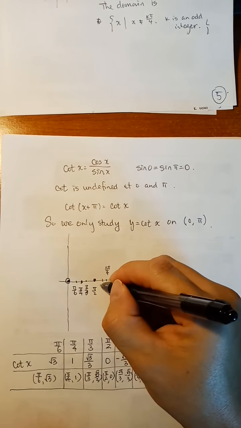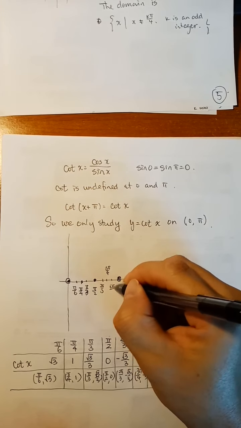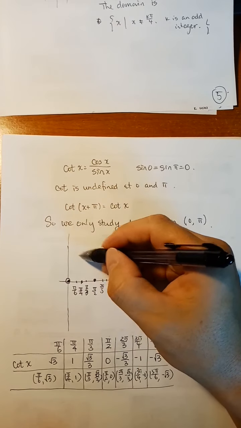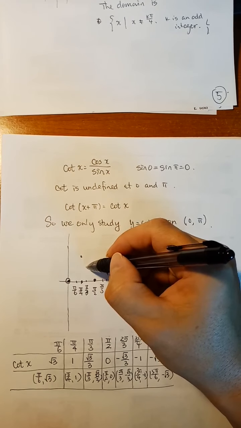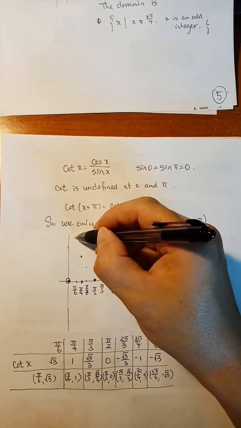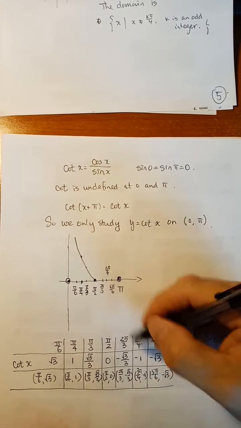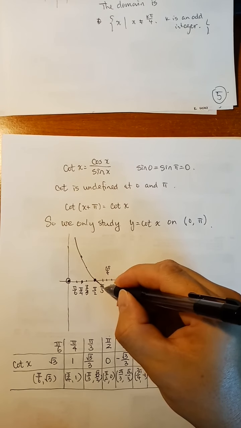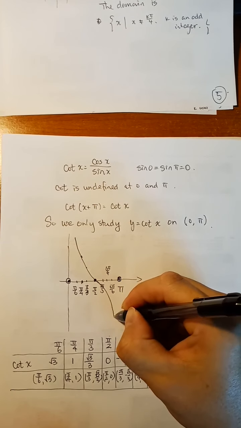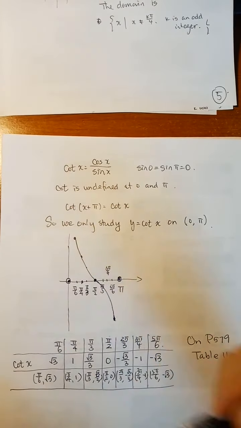Here you get 2 pi over 3, 5 pi over 6. Okay, and then you label them. Here you get a 1, you get this number, and you get the symmetric part, but it's negative. Something like this.